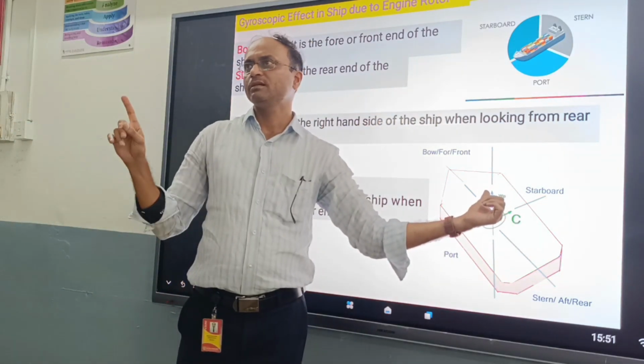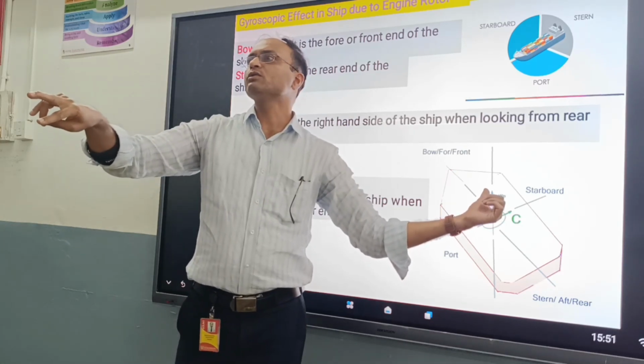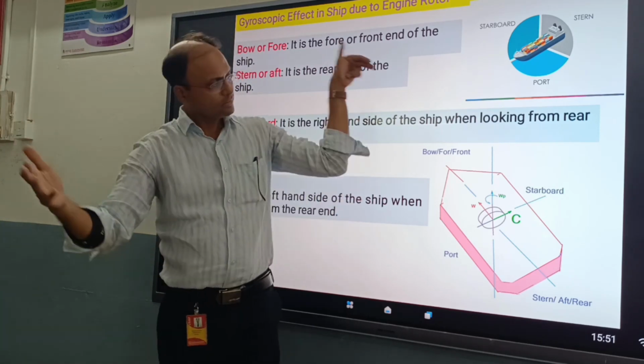Is it clear? I can twist the statement like this. Rotor rotates in anti-clockwise direction when viewed from front.